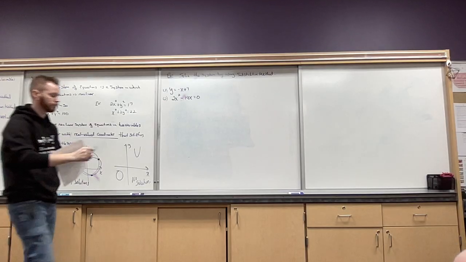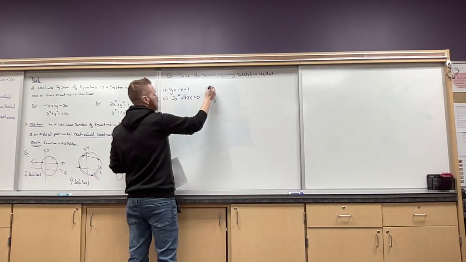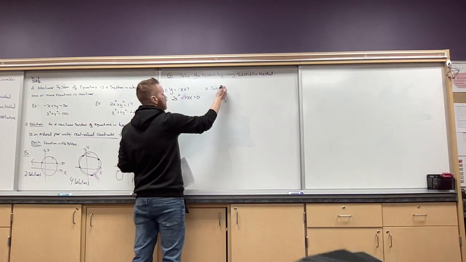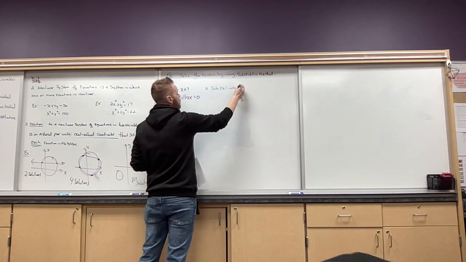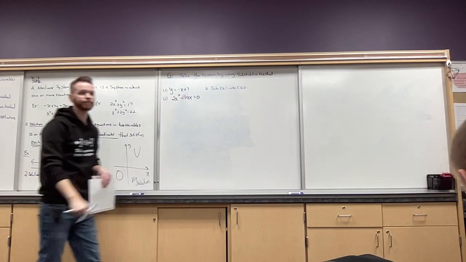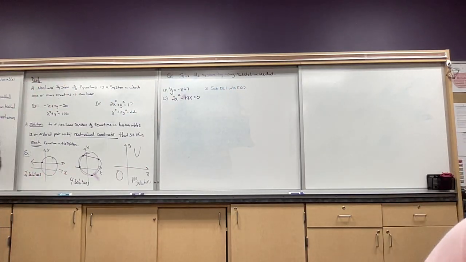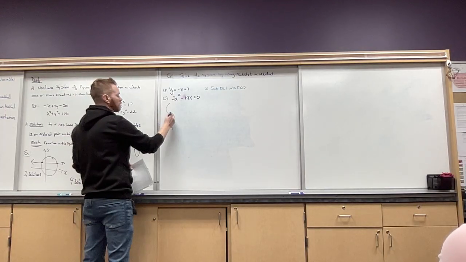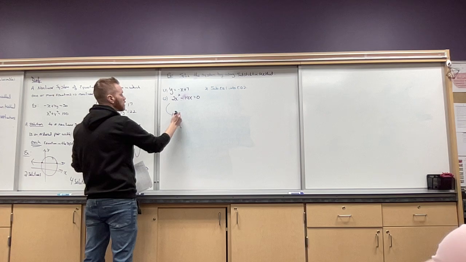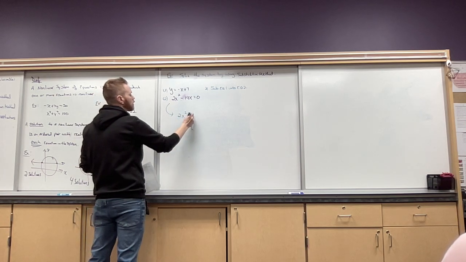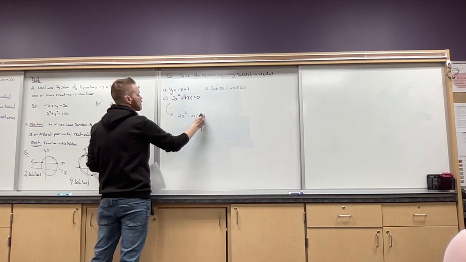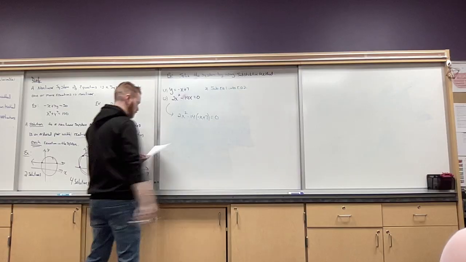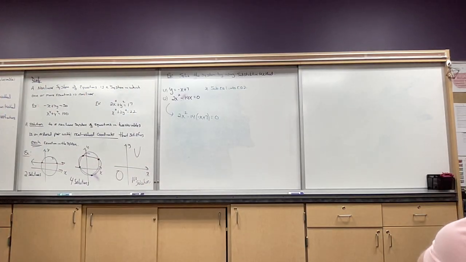I'm going to sub equation 1 into equation 2. Now again, if it wasn't solved for something, you'd have to try and do that. Okay, so let's take a look at this. So we're going to have 2x squared minus 14 times negative x plus 7 equals 0.